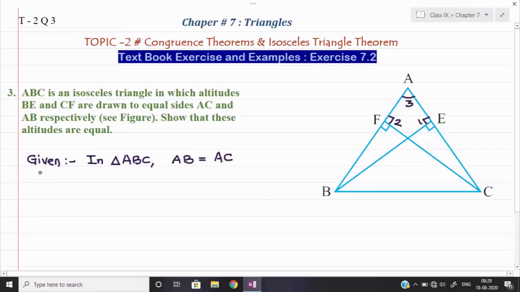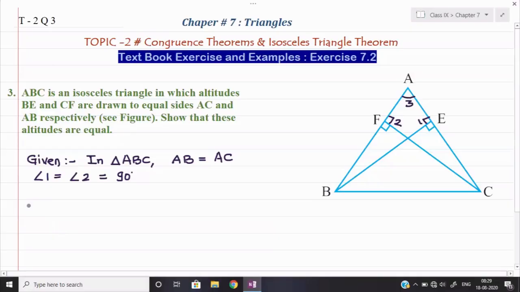As you know, the points E and F are the points of perpendicular. So angle 1 and angle 2 both will be equal to 90 degrees. That is also given to us. In other words, we were saying that BE and CF are altitudes, they are perpendicular. I write directly the value of the two angles, which are 90 degrees.